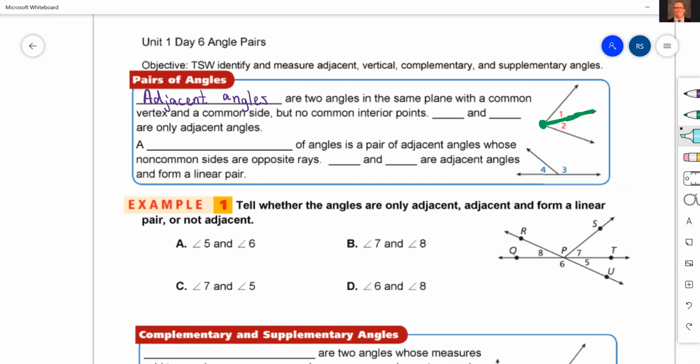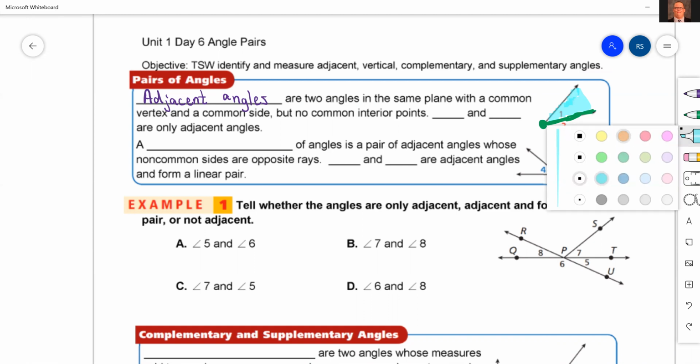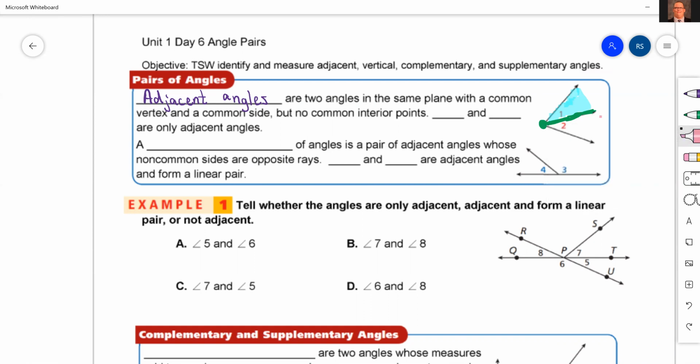But notice they don't share interiors. We've got the top one and then this bottom one. Think of it like that bar in the middle is kind of separating them. You stay on your side, I'll stay on mine. That's a pair of adjacent angles.